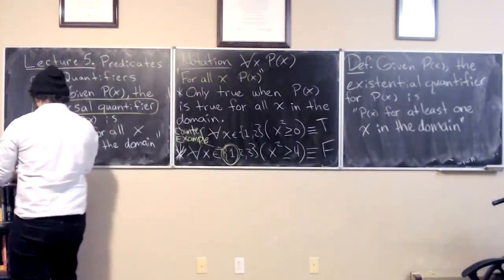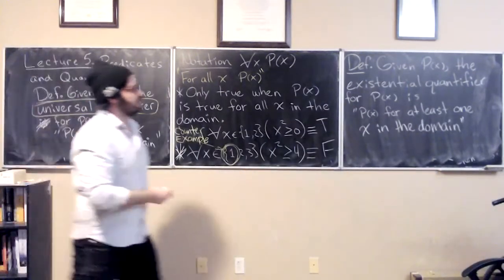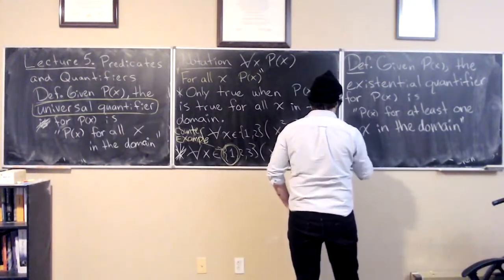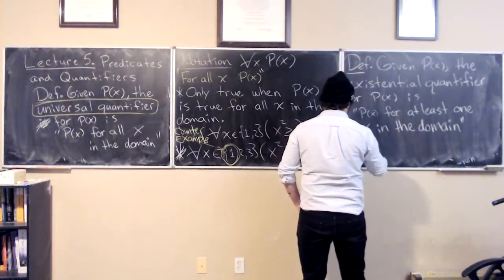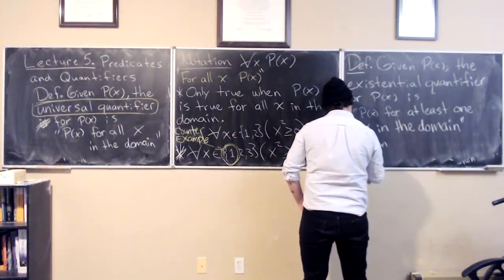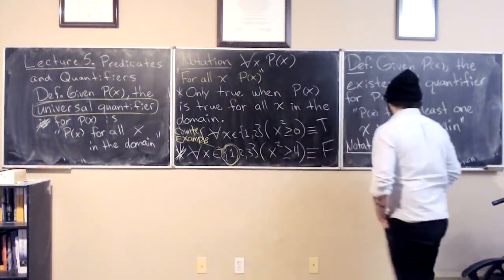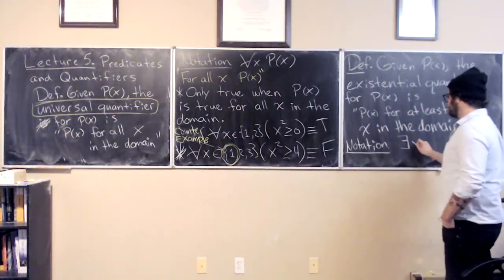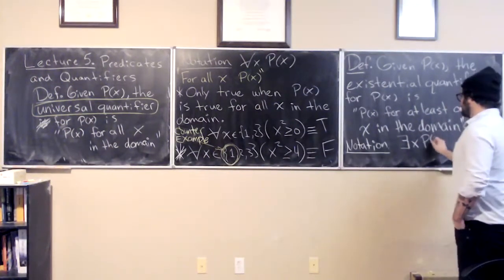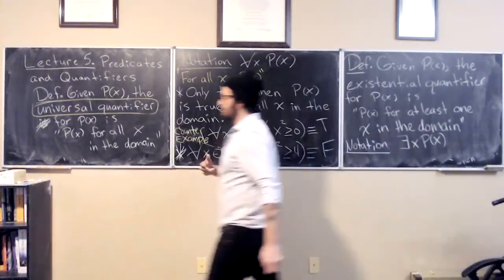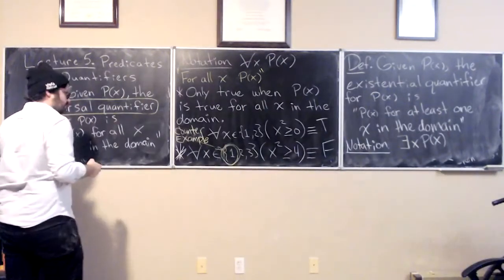So this is denoted by another symbol that you need to become familiar with. It's this backwards capital E, like that. And I will always say this and read it as follows.